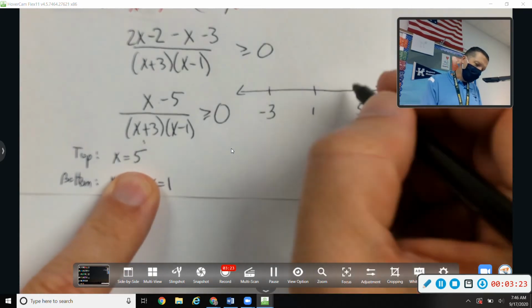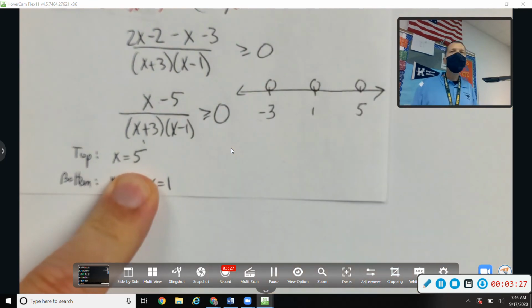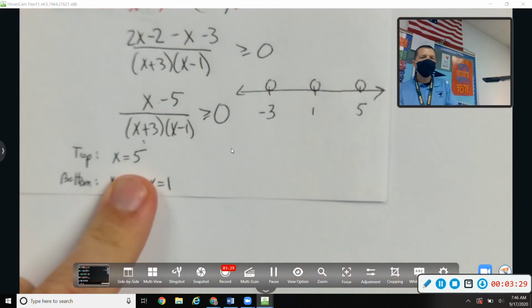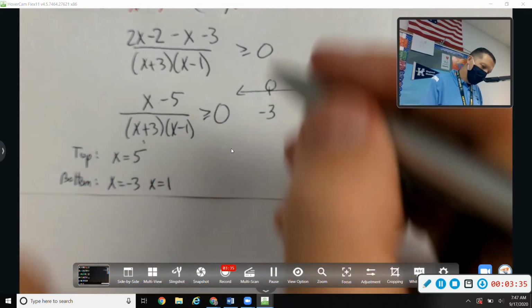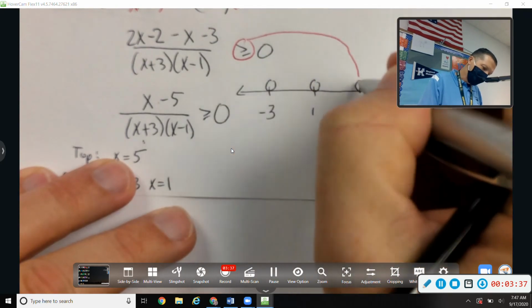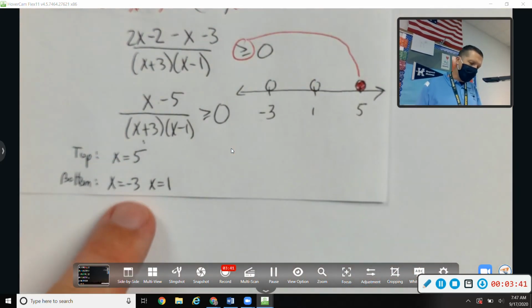At 5, is that going to be an open circle or a closed circle? For x equals 5. Closed, because of the equal to part of the problem. We'll close that one. What about negative 3 and 1? Open or closed?